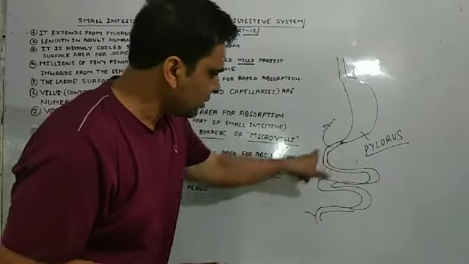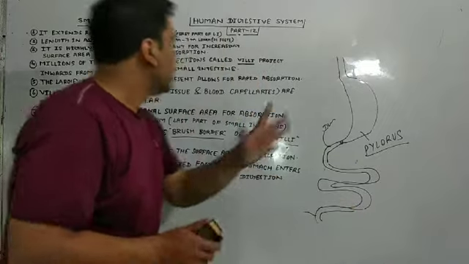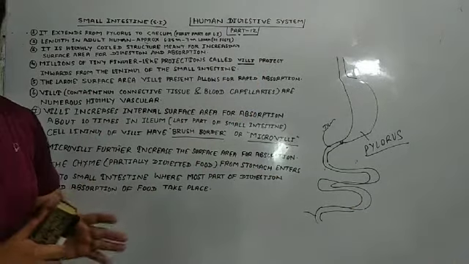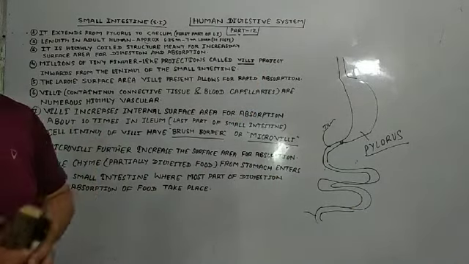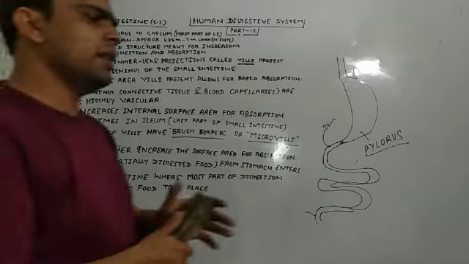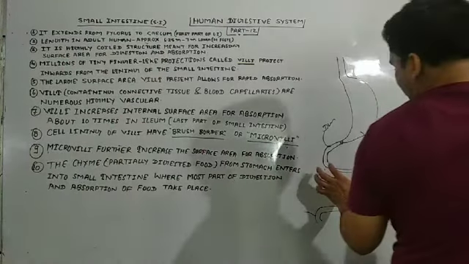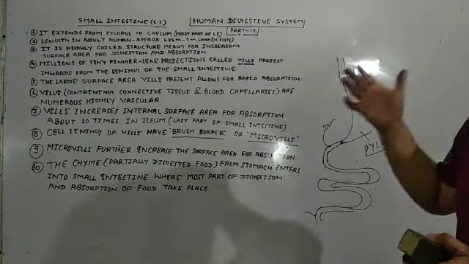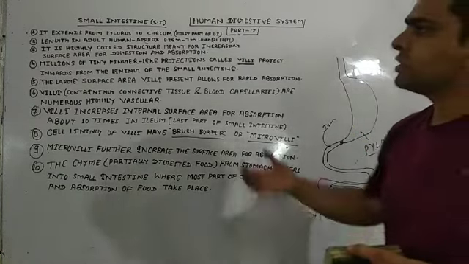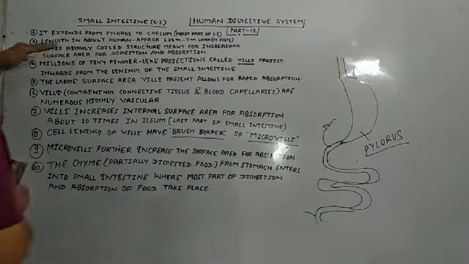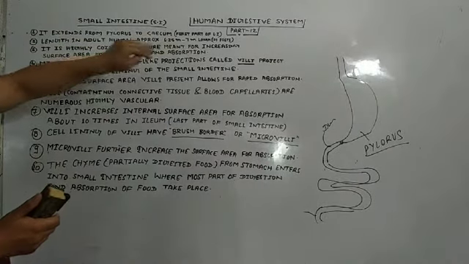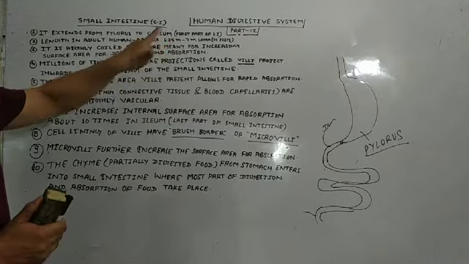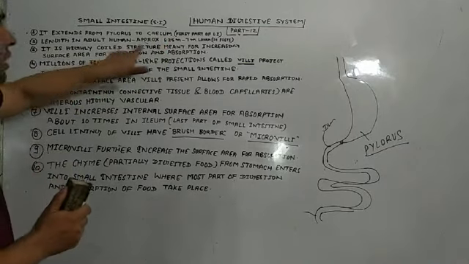You look here, these are the convolutions. In other words, it is present in multiple convolutions, which are called folds also. So we can say it is a highly coiled structure. Must remember it is a highly coiled structure.